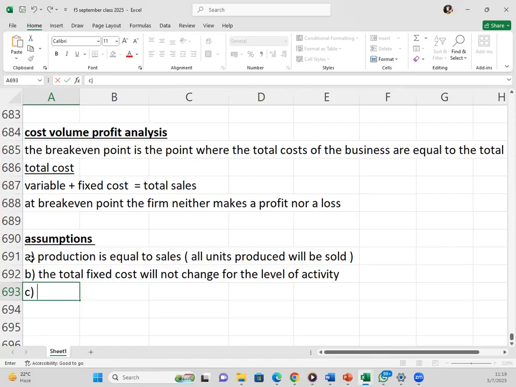So we can say the variable cost per unit and the selling price will remain constant.